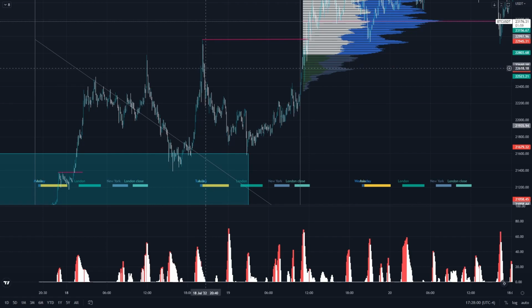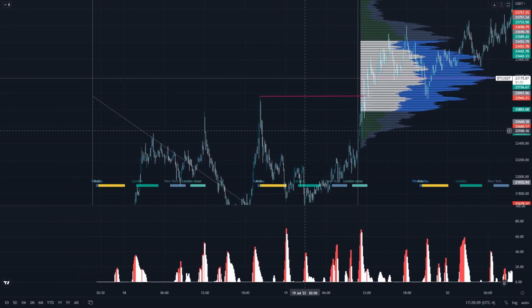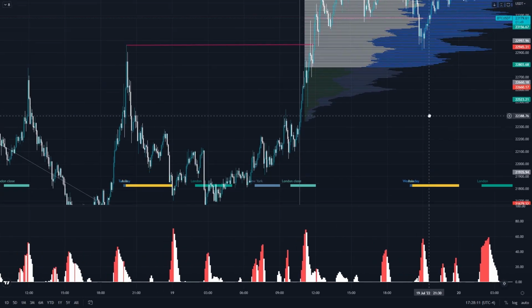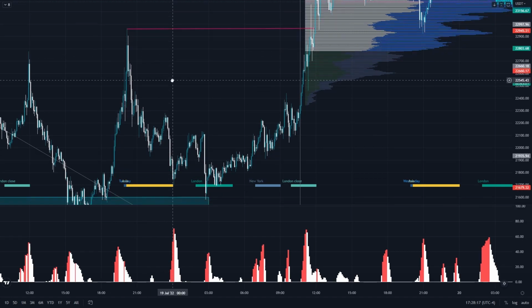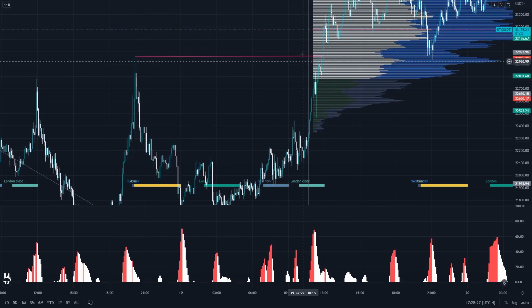So it's fair game and a really probable outcome that this high gets taken out, like it's exactly at the start of Asia. So it would have been quite tricky to catch, but let's say you've seen this high. Asia has come down, Asia's direction in essence was down, so you know that London close would be against it, and the Asia high is still fair game for the market makers. So direction is down here, direction is up here. High hasn't been taken out, you know it will be taken out.